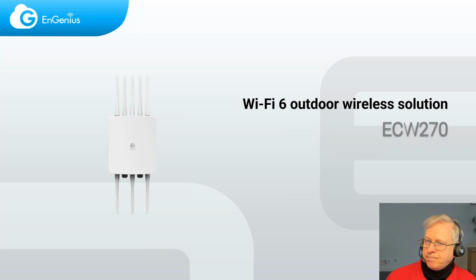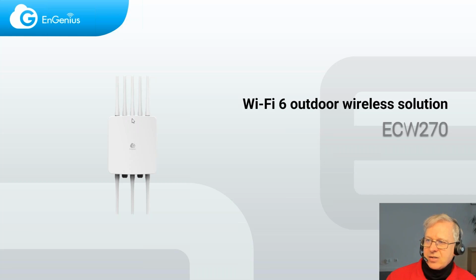So next, the other device we want to talk about is the ECW270, which is an outdoor device. As you can see, it has 8 antennas, and even by that you can already know that it will be a 4x4 MIMO device.